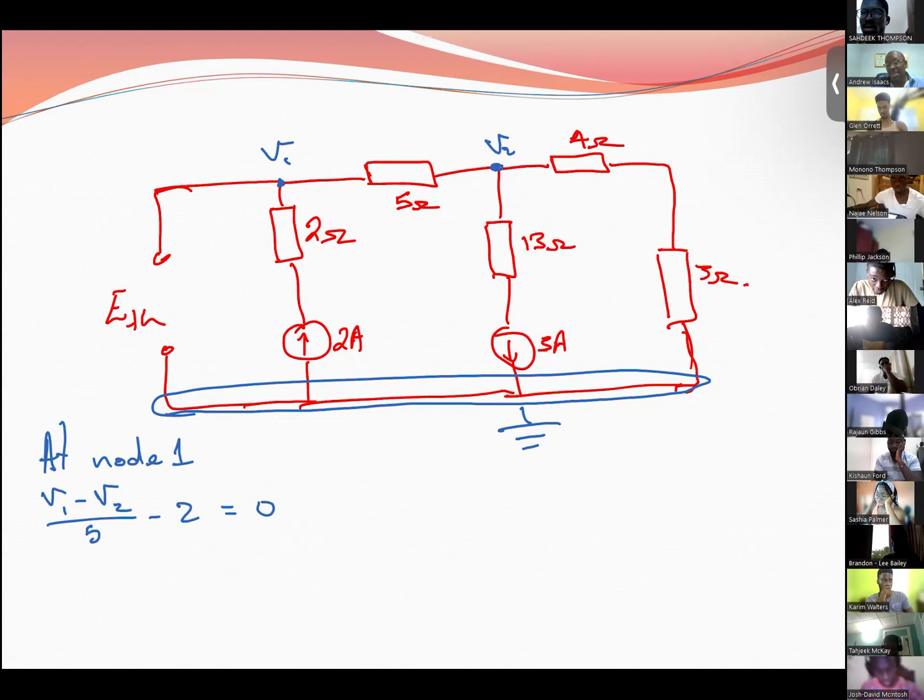I'm assuming this is what you're saying, right? Yes, sir. All right, so we simplify this, so we get V1 minus V2 is equal to 10. That's your first equation, yes?